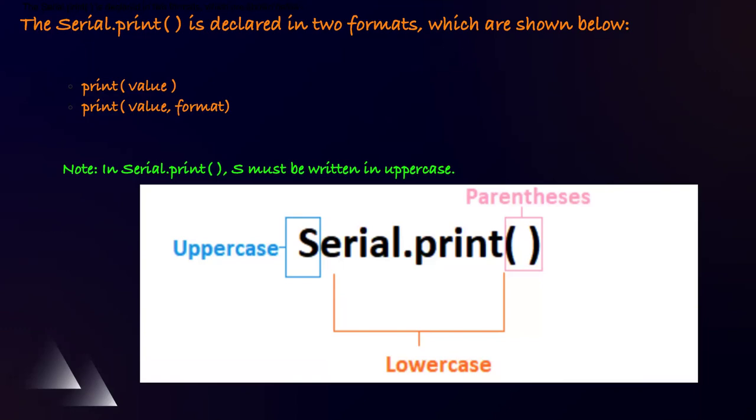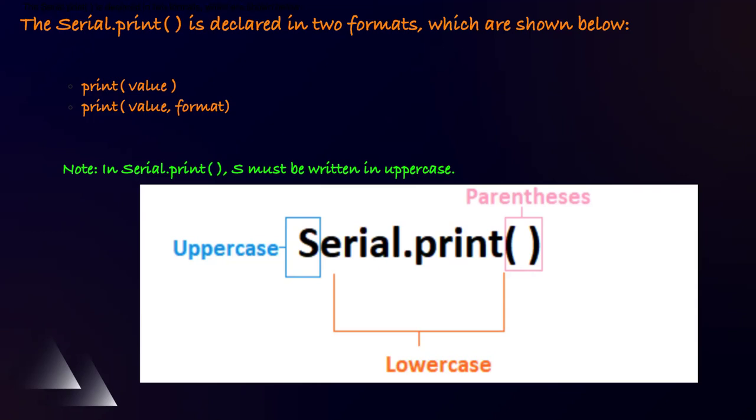First, it says serial.print is declared in two formats, which are shown below. Number one, print value. Number two, print value, comma format. A special note: in serial.print, S must be written in uppercase. Why have I attached these pictures? They show you how you need to write the syntax and in what format.